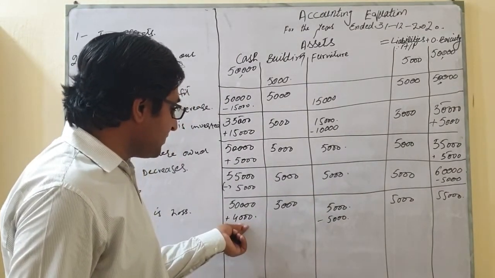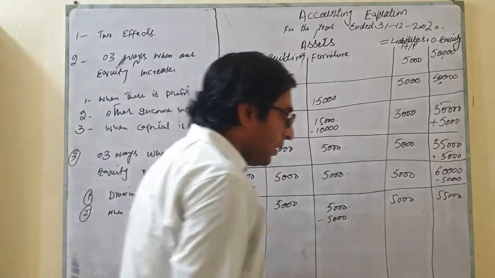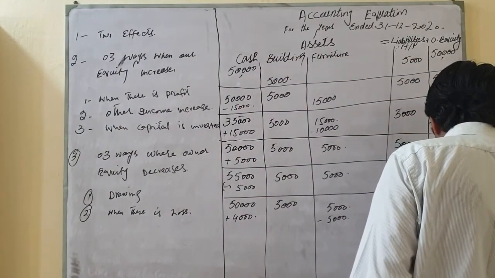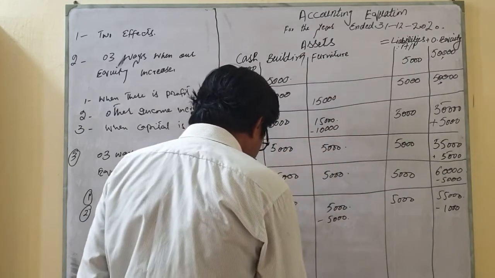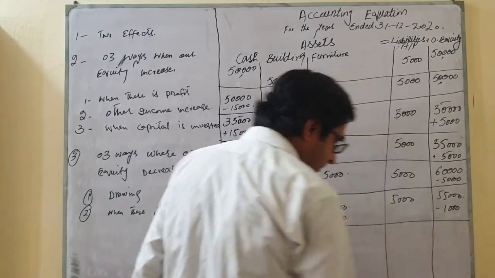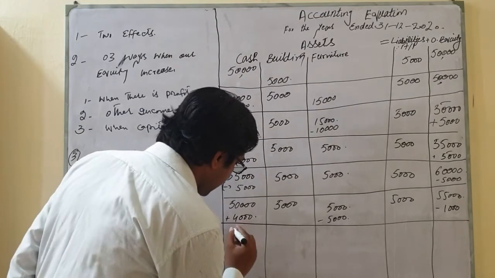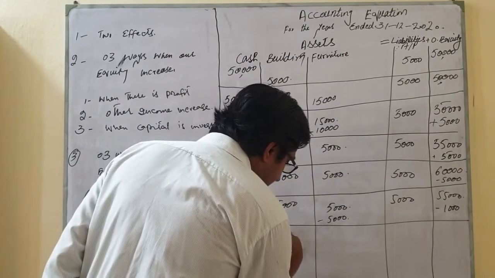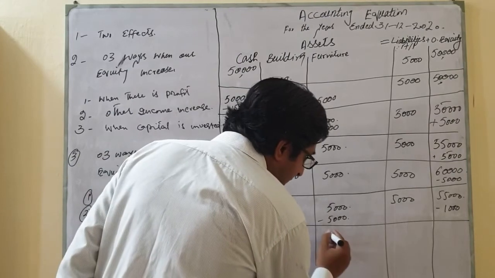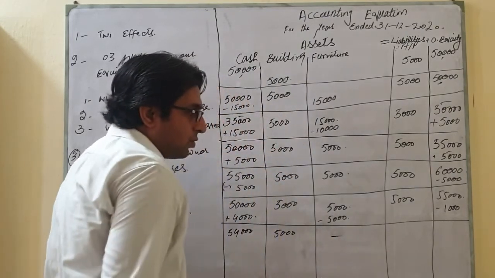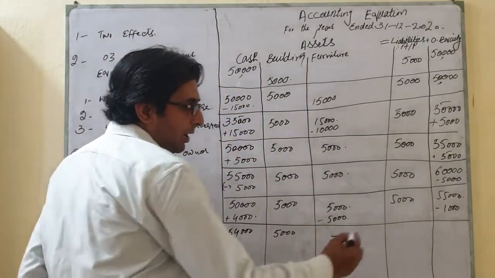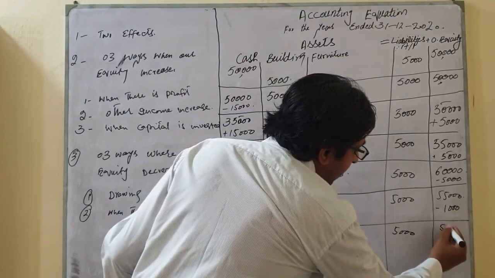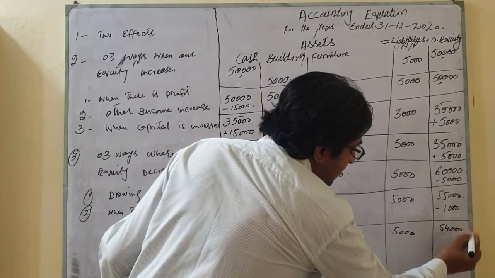We sold this for 4,000 and 1,000 is net loss. So when there is net loss, it will decrease our equity. It will decrease our capital. Now cash is $54,000, 5,000 building, and there is no furniture, while our liability is $5,000 and $54,000 is our equity.